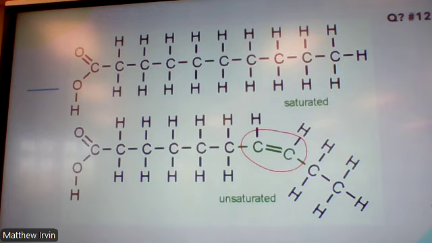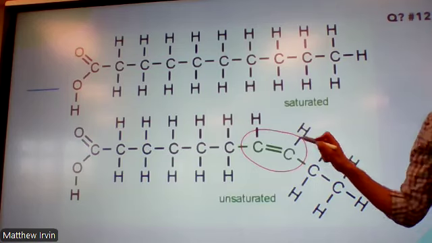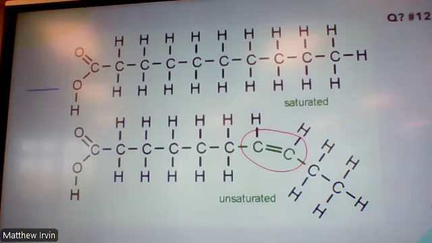Question 12, the difference between saturated and unsaturated fats is the double bond, which changes the angle of the tail so it can't stack. Unsaturated is a double bond, yes.